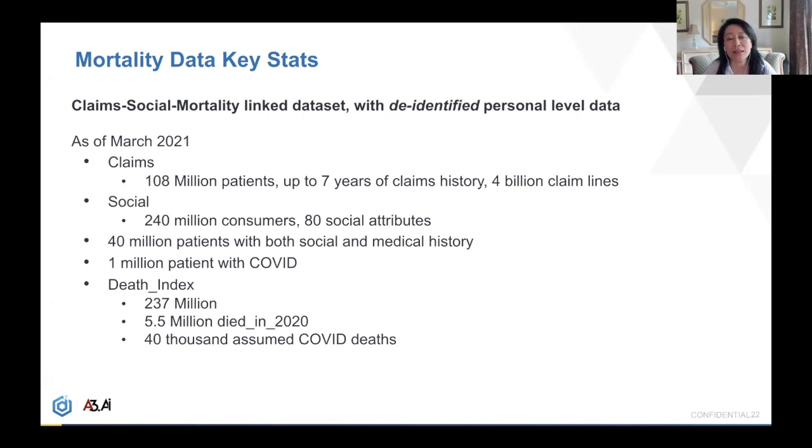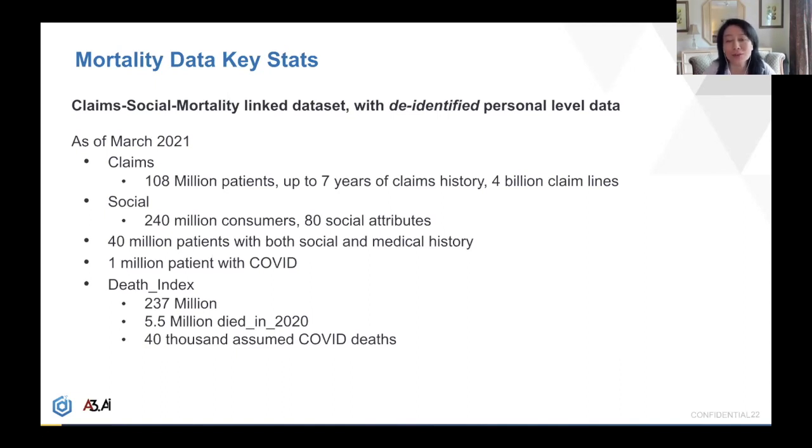And at the intersection of these two data sets, there are about 40 million people. So for 40 million people, we actually have a pretty rich, longitudinal view of their medical history, and what they are about in terms of these social things. That provides a very fertile, interesting ground to do all sorts of analysis.